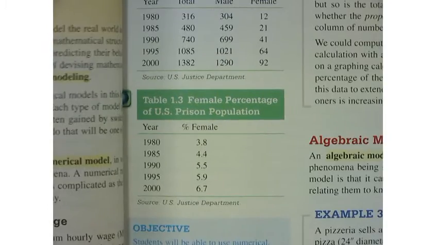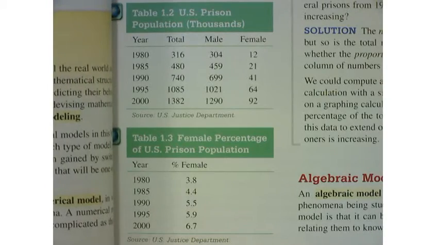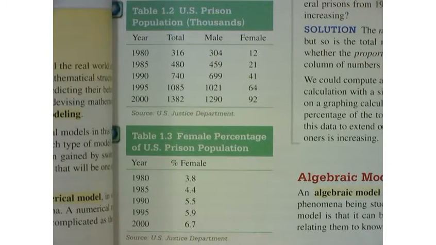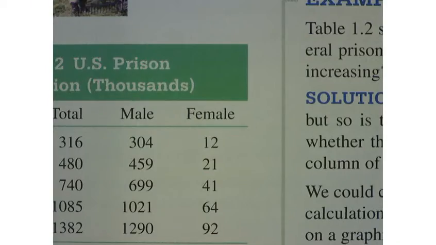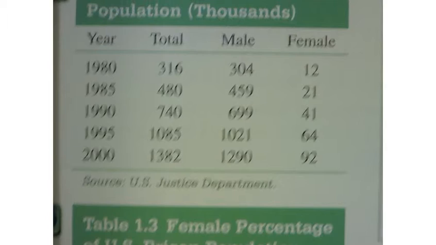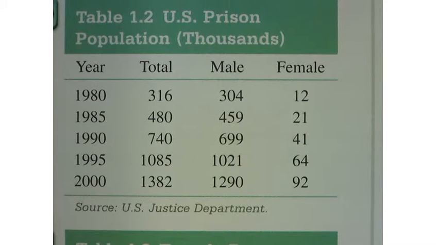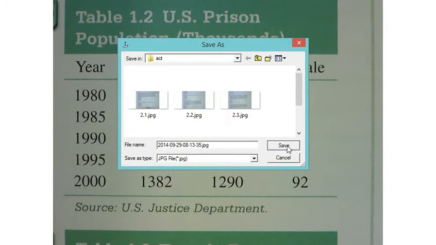We've got male to female, and we're only going to focus on table 1-2. So let me zoom really close in on that so you guys can see that. We'll take a snapshot of that. All right.